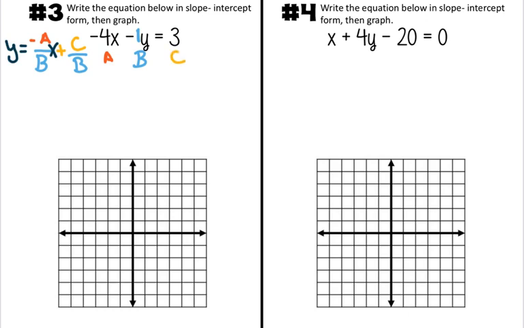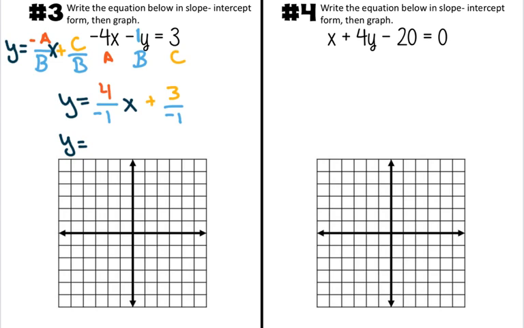So when I rewrite this, I need the opposite of negative 4. So that's actually going to become a positive 4. So that's the first time we're seeing that. Over a negative 1. And then I'm going to have 3 over a negative 1.